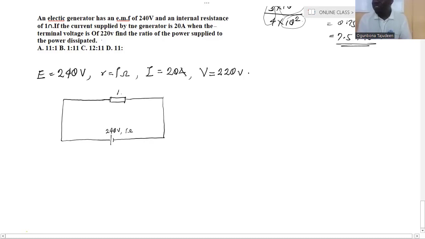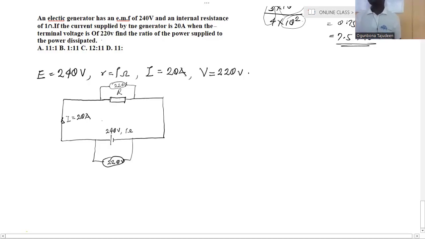Here we don't know the resistance, but we know the voltage to be 220 volts. That's across this resistor here, which is why they said the terminal voltage. A person that understands electricity very well knows that when you have a closed circuit, the terminal voltage is the same thing as the voltage drop across a resistor in a closed circuit. Now the current in the circuit is equal to 20 amps.